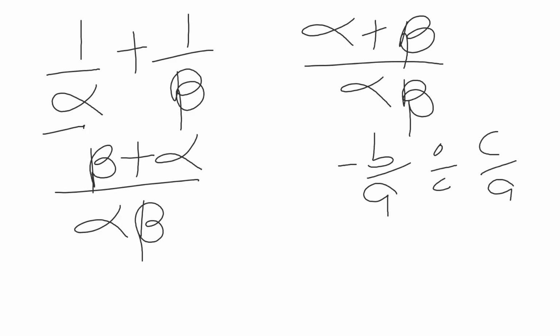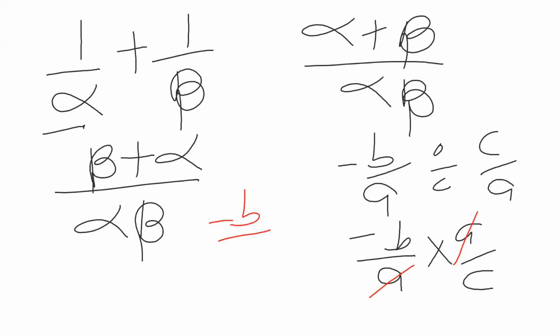And then you can say negative B over A times A over C, right? So that when you reach here, you can cancel those equal things, and you remain with negative B over C. Got that?